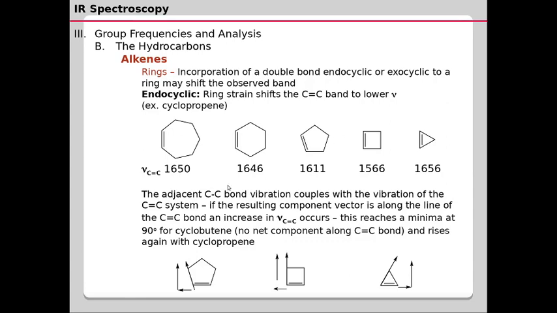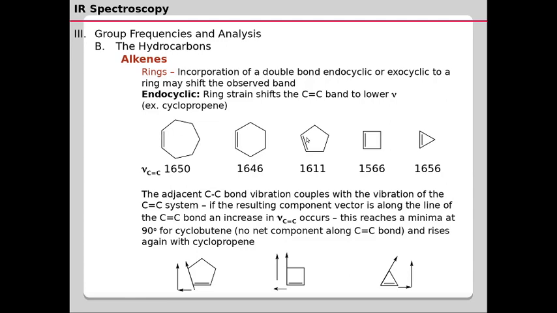If you consider the carbon-carbon double bond vibrations, these may couple with the carbon-carbon single bond vibrations which are connected to the carbon-carbon double bond. So this coupling could change or influence the carbon-carbon double bond vibrational frequency.